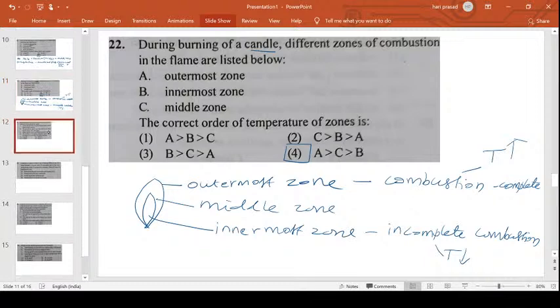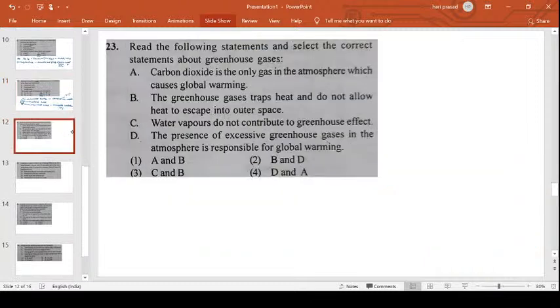We'll take the next question now. It is about greenhouse gases, global warming, and the greenhouse effect. Which are the greenhouse gases?